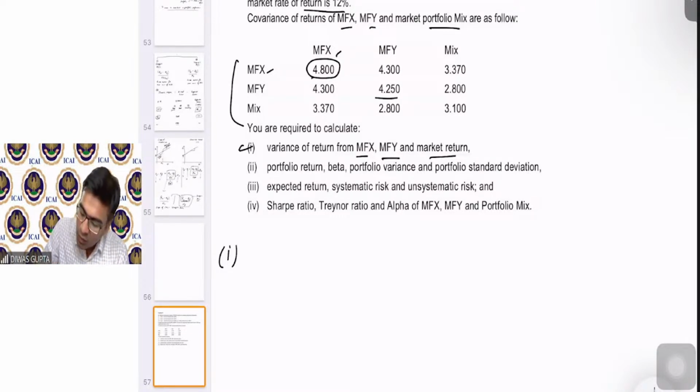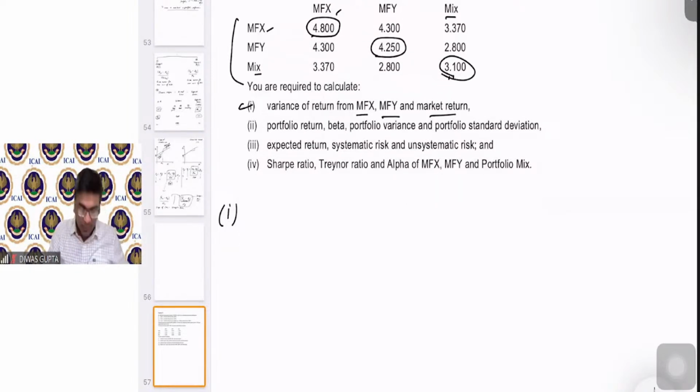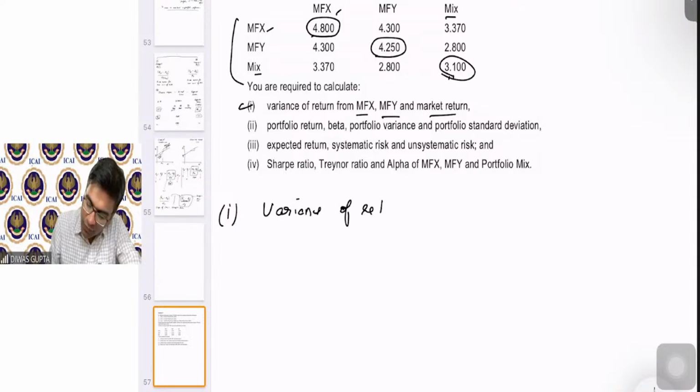And simply this is also variance and this is also variance. For the market, 3.1 will be the variance. So variance of returns.